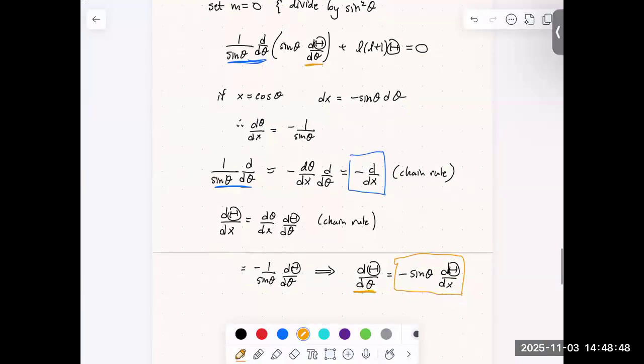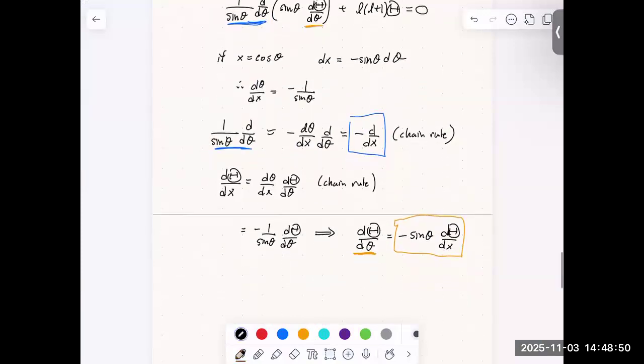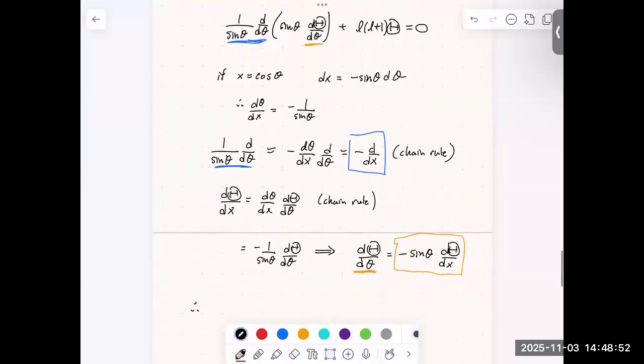Let's see what happens. So therefore, we have a minus d by dx, and then we have sine theta. But then we have to multiply by minus sine theta.